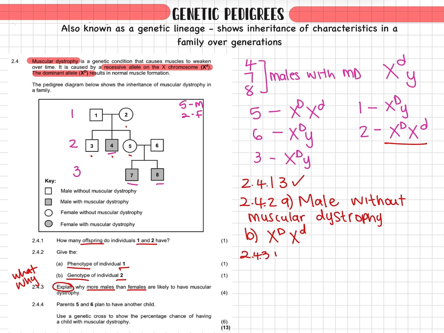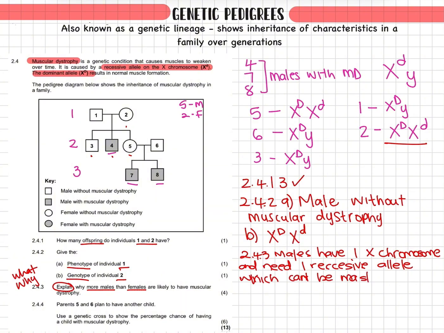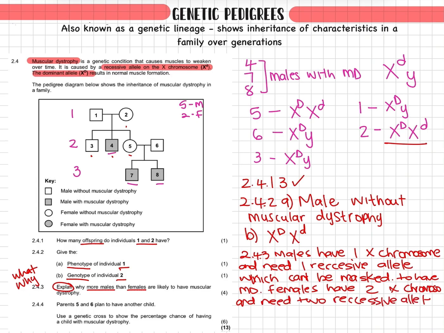So our what will be that males have 1 X chromosome and need 1 recessive allele. The why will be that it cannot be masked to have MD, while females have 2 X chromosomes and will need 2 recessive alleles. This will then allow them to mask the recessive allele.